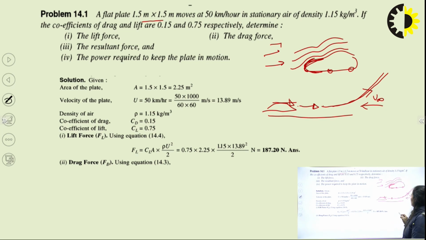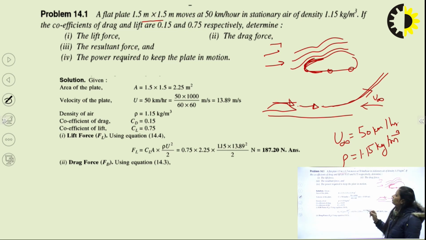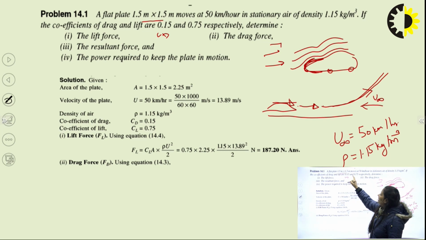Here u infinity is 50 km per hour, and air density is 1.15 kg per meter cube. The coefficients of drag and lift are also given: 0.15 is CD and 0.75 is CL.